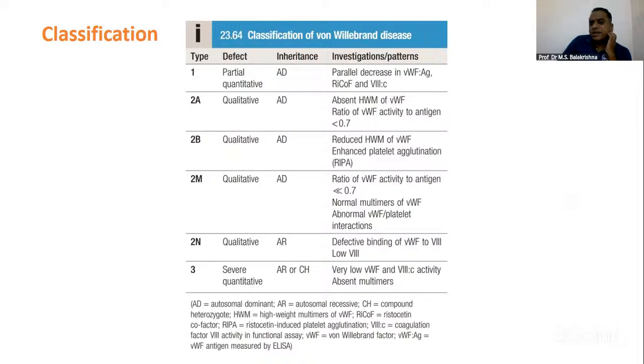So these are different types, classification of von Willebrand disease. So type defect is 1, 2A, 2B, 2M, 2N, 3. This is more than what is required, but just please read this, it will be useful.